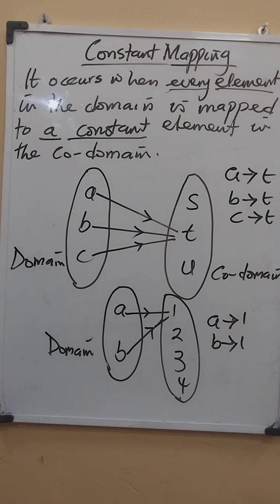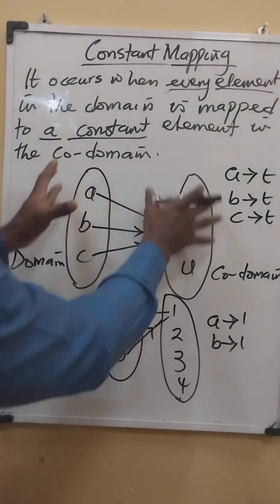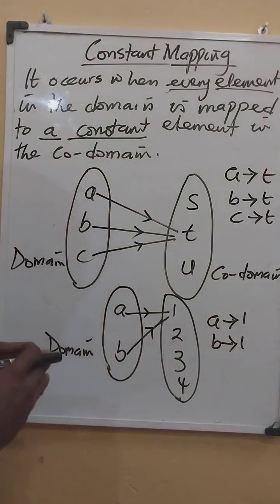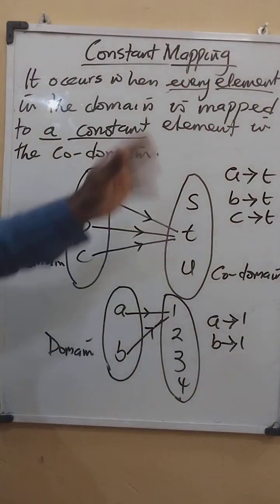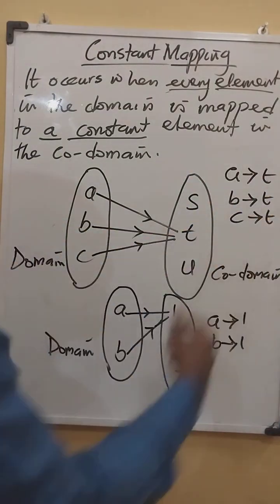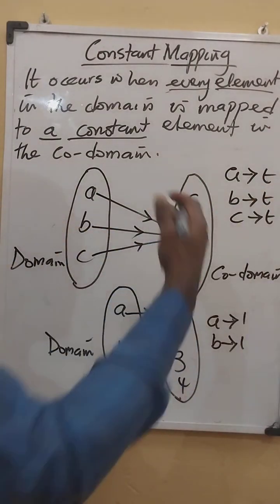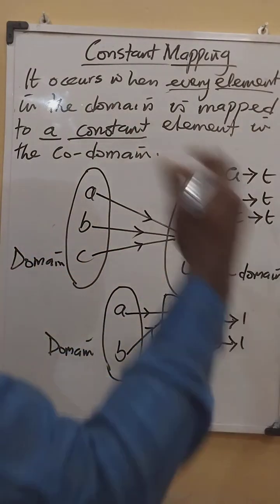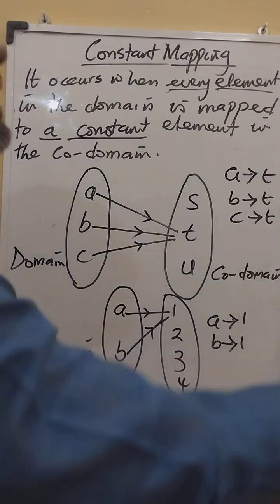But now the question may come, how would they bring up these questions in the exams? For example, you may see a diagram like this, and the mapping is done already, and they put among the options, what type of mapping is this? Maybe option A, 1-to-1, option B, onto, option C, constant mapping, option D, identity mapping.